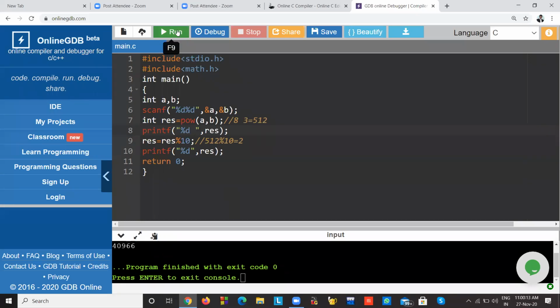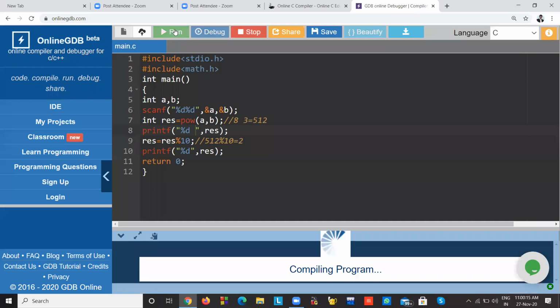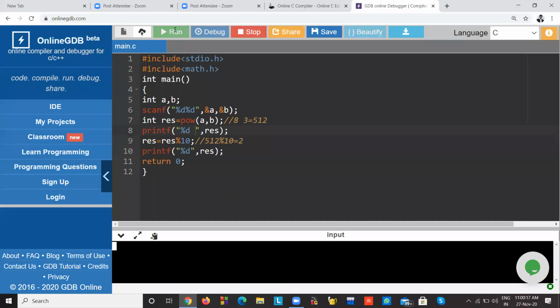Okay, now let me execute this. So 4 space 6. What is the power? 4096, and the remainder is the last number 6. Readability is there. Clear? Any doubts here? If you have any questions, please type in the chat box. Otherwise, you can unmute your mic and speak out.